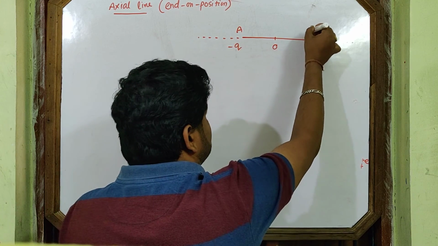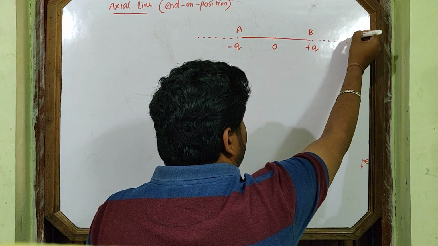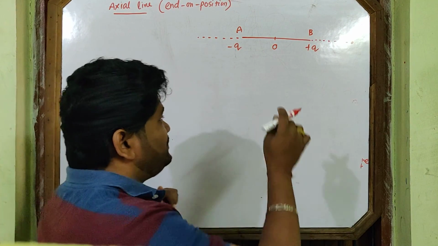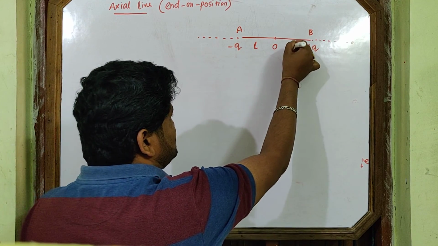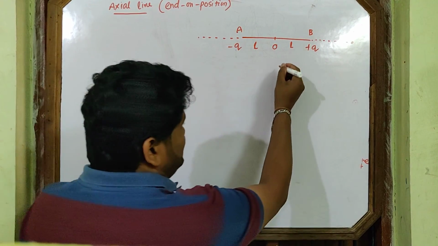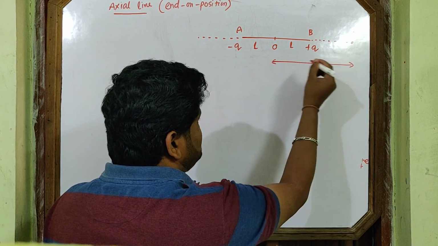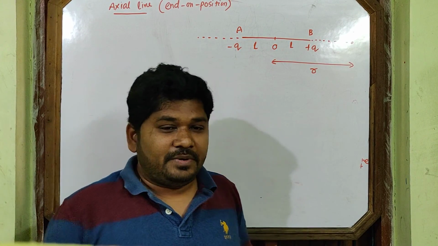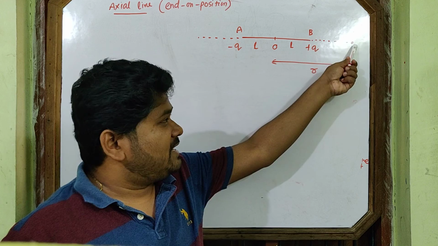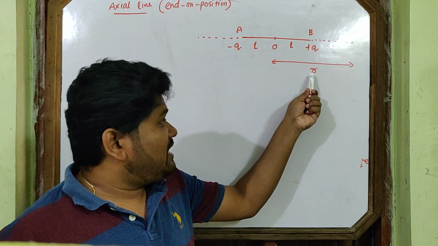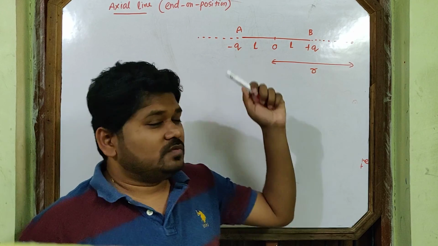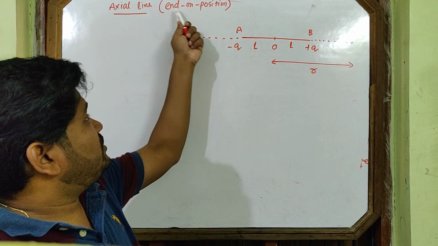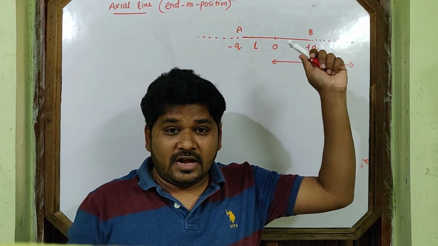This is point A and this is point B, and we will find the intensity at any point P. This is the dipole, total length is 2L, so this length is L and this length is L. P is any point at a distance r, on the axial line, from the center O of the dipole. We will start the derivation like this. And I told you sometimes the question will come to find the field on the end on position.